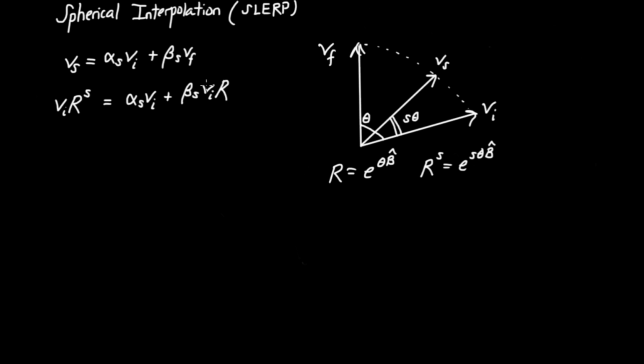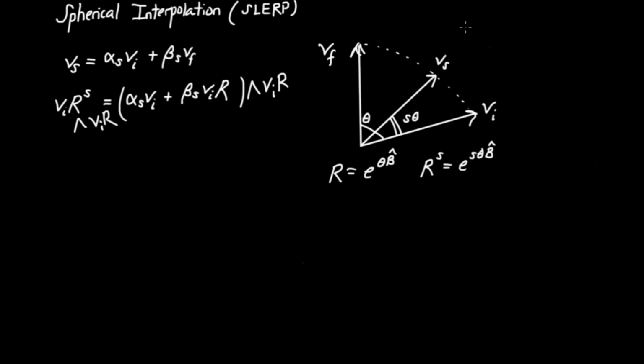Now this thing here, VI times R, is just some vector, namely VF. So what I'm going to do is wedge both sides of the equation on the right by VI times R.